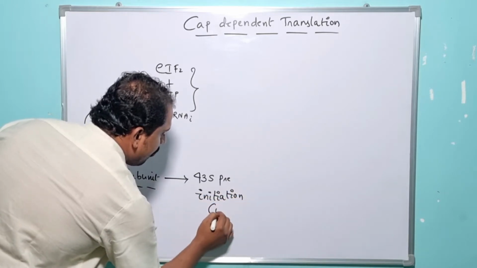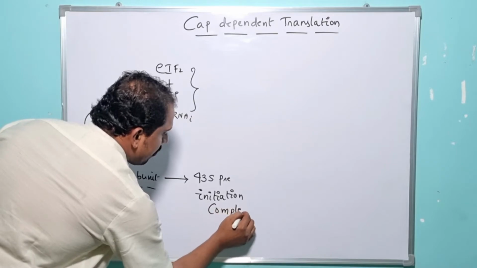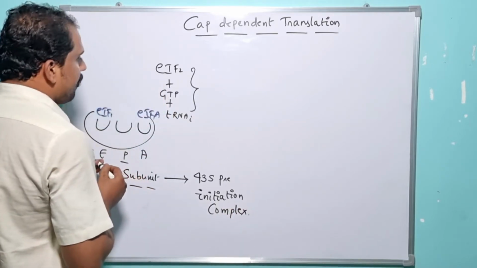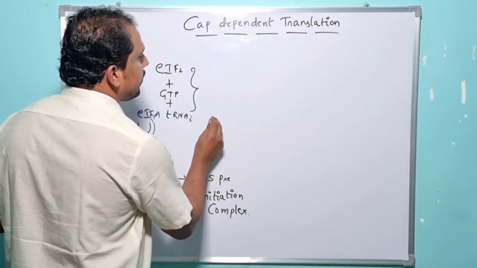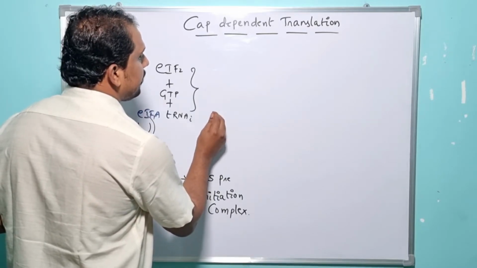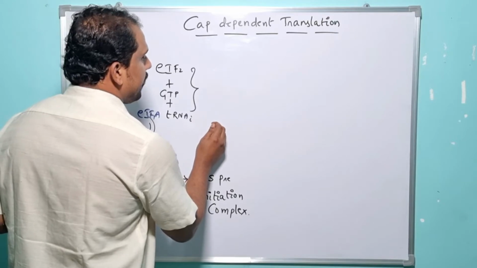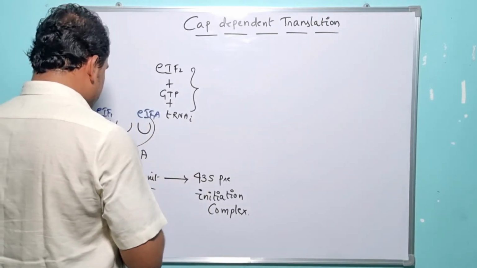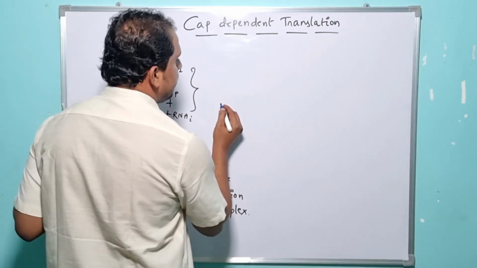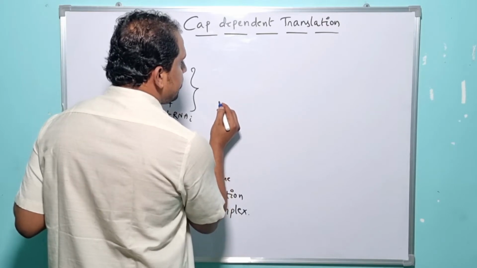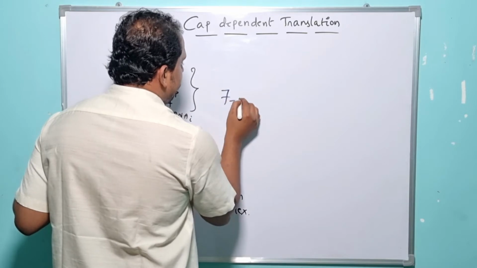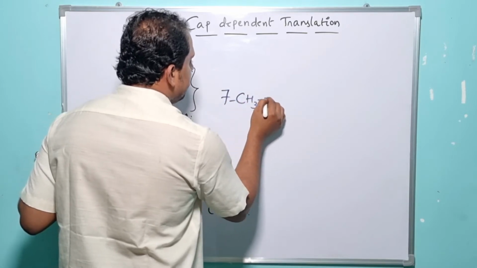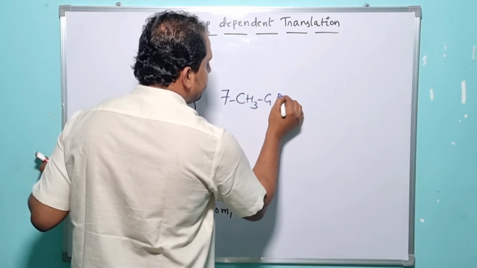So here, once the 43S pre-initiation complex is formed, the specific 43S pre-initiation complex is very sensitive to the methylated guanosine nucleotide, which is present at the extreme 5' end of the eukaryotic mRNA. So if you recall, the methylated guanosine nucleotide, which is present at the extreme 5' end of the eukaryotic mRNA, is the 7-methylated guanosine nucleotide, right?